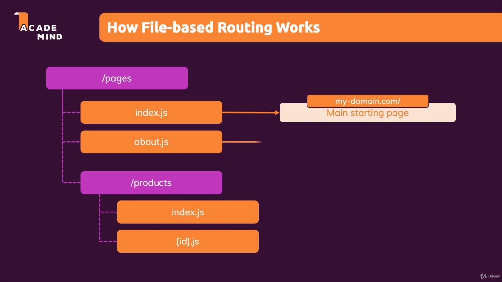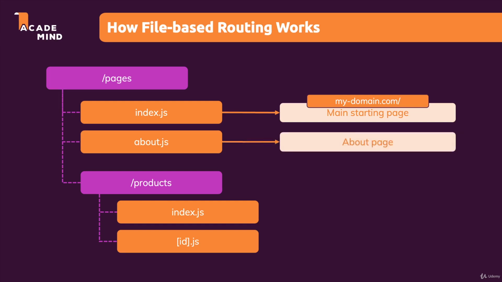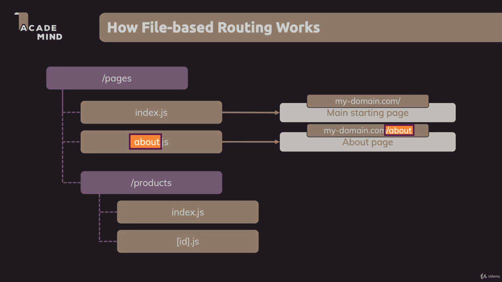For about.js, it would infer that we, for example, want to load an about page here, so it would in the end just render the component returned in the about.js file, and it would load that component for our domain.com/about. So it takes the file name as a path, as you can tell, with the exception of index.js. That's a special file name which it will assume as the root path for the given folder in which you are. So directly in the pages folder, index.js would be our root path, an empty slash after the domain.